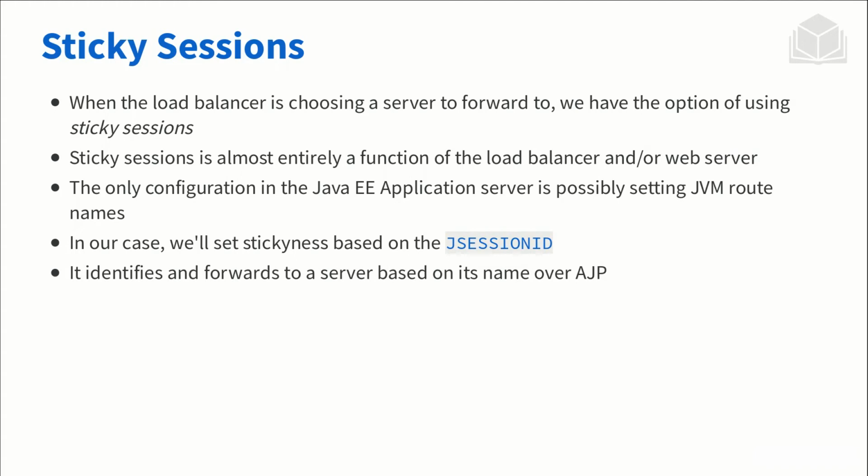I've mentioned sticky sessions before, so please configure sticky sessions no matter what. And sticky sessions are handled by the load balancer typically, or in our case, we'll set the stickiness based on the JSESSIONID, and then we'll forward to a server based on the name. Here it says through AJP, and right now I can't remember what we actually configure. I think we configure HTTP balancing.